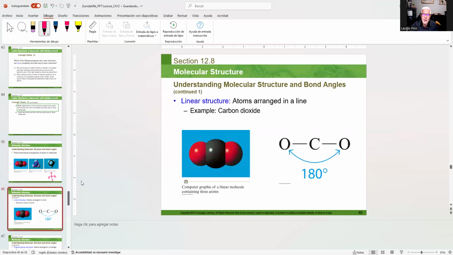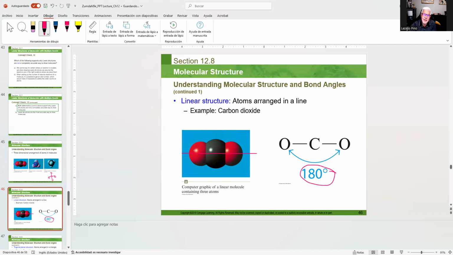See, for example, this is a linear structure. The angle of bond is, in this case, 180 degrees. This is carbon dioxide. So the molecule has this structure.